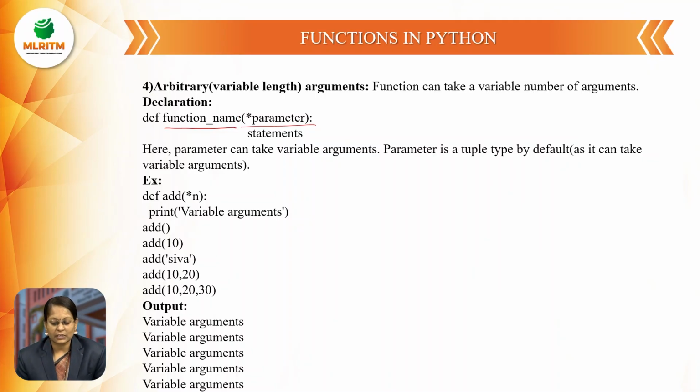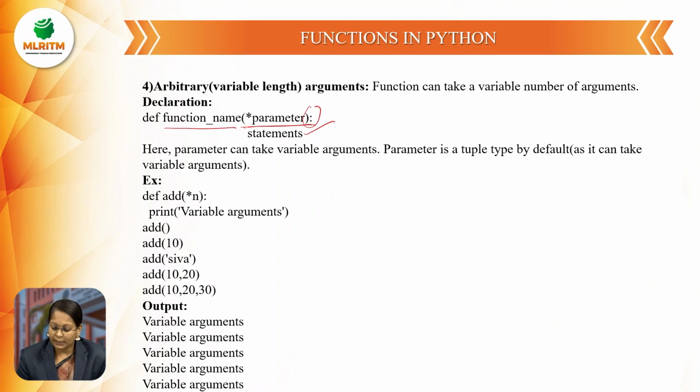Def function name, open bracket, asterisk and parameter, and end the function with a colon, and then the set of statements. Here the parameter can take variable length arguments. The parameter is a tuple type by default as it can take variable arguments.